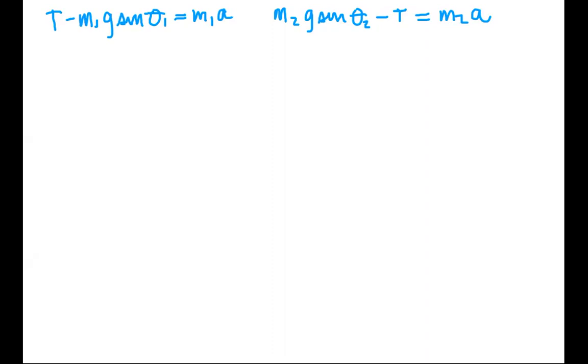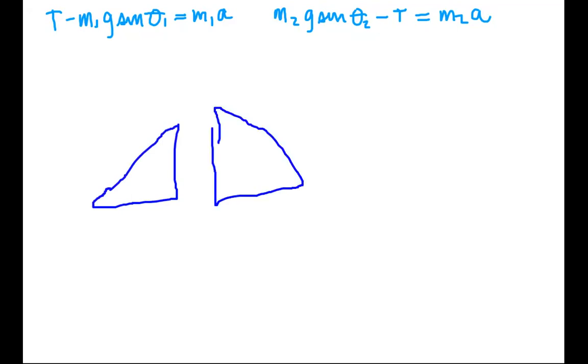So if we have two right triangles, we have one like this, and we have one like this. Okay, I'm trying to draw with the trackpad. This is not working. But the reason that it's on different sides is because the theta is on different sides. So we have theta 1 on this side, theta 2 on this side, right? So that's why the direction is different. I'm going to go ahead and erase this.